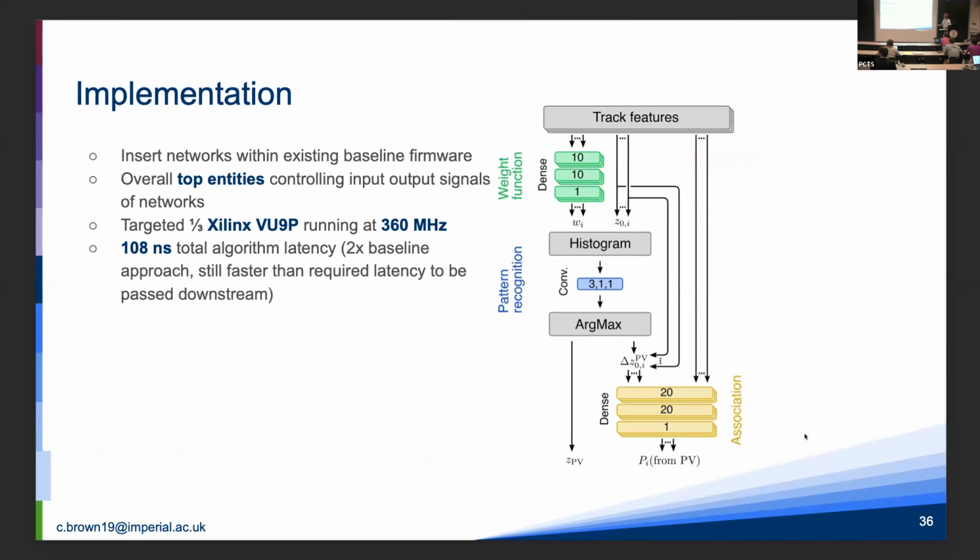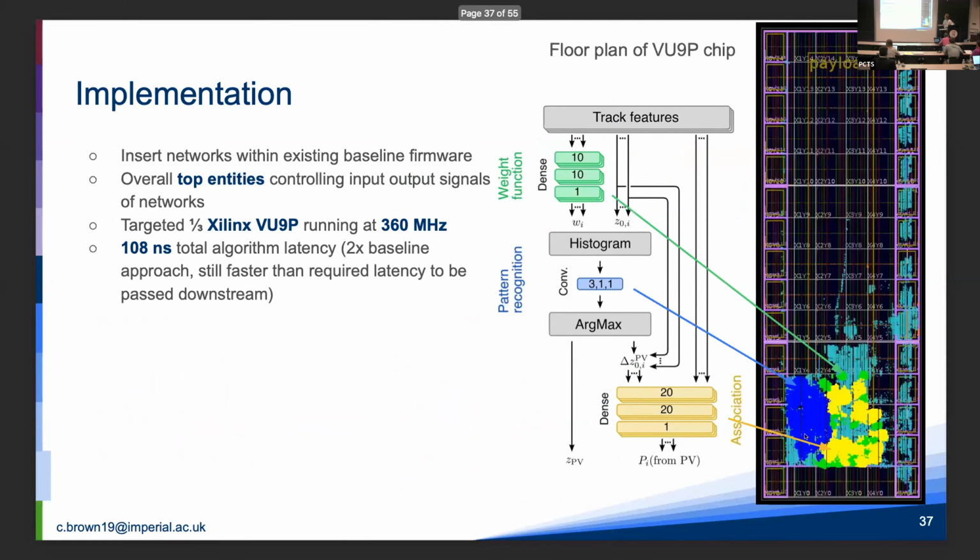The actual implementation itself is pretty standard. So we take these parts of the histogram and insert them within a top-level version of the baseline vertex finding approach, and we can stick it all in this big chip. So this is just showing you where these different parts of the network all live in firmware.